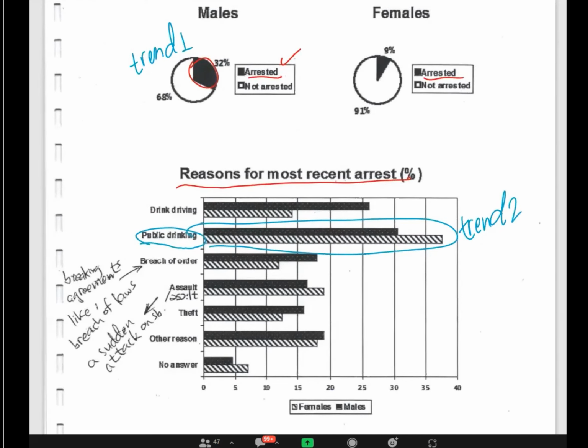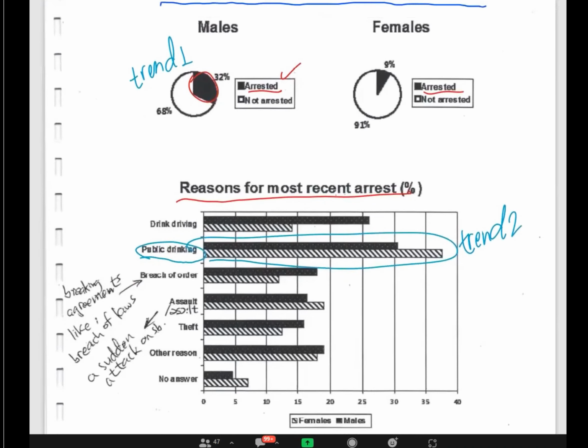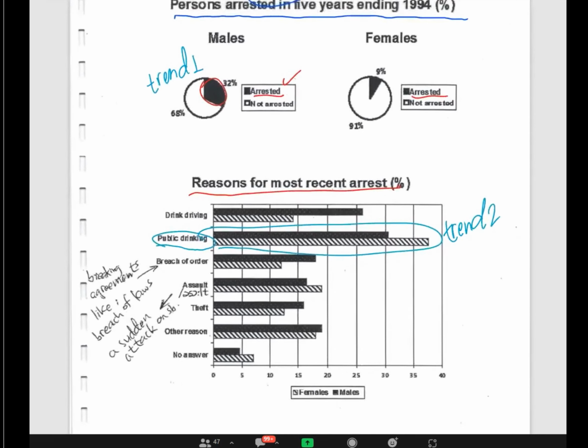Means in the overview sentence, there will be 2 trends. Is it clear? Yes, also it is recorded. Every day it will be recorded, inshallah.